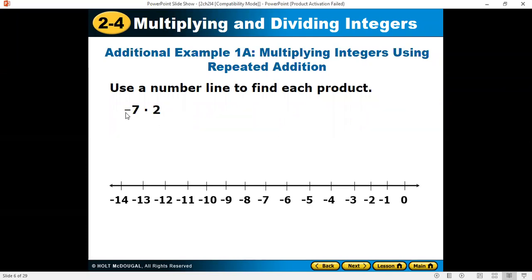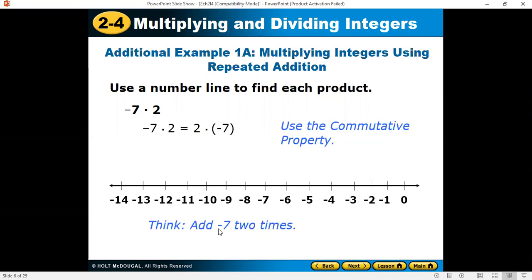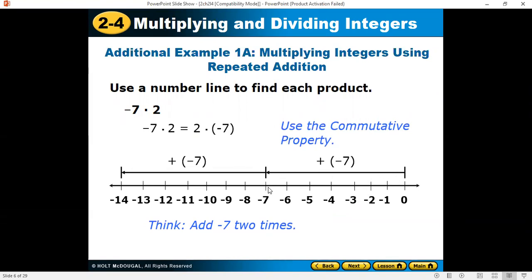We can use the commutative property here to say 2 times negative 7, which means I'm going to give you the order to repeat negative 7 2 times. We will go to the number line, think add negative 7 2 times, then 0 till negative 7, and then we will stop at this point, and then we will start to explain a new 0.